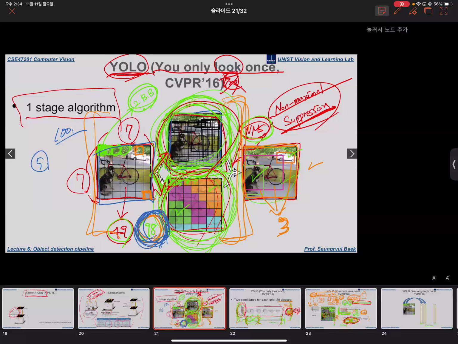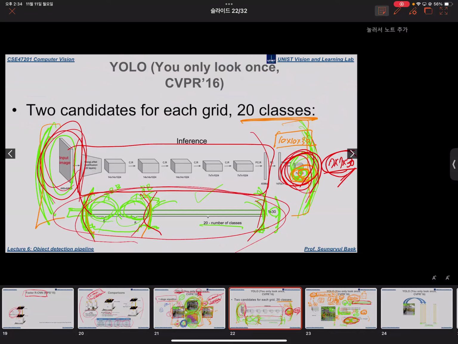In here, you will estimate the bounding boxes and also the class probability for each grid at the same time. This kind of vector for each grid is represented as a 7 by 7 by 30 dimensional array, because there is a 7 by 7 grid.